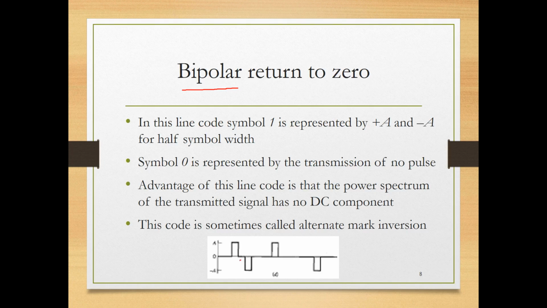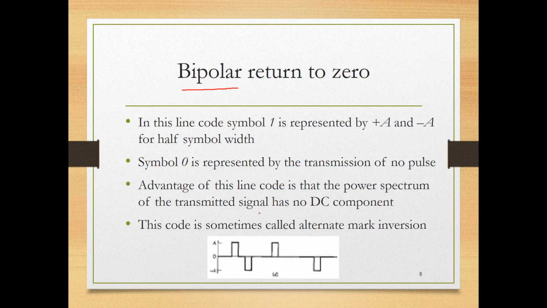The second digit 1 that comes in your sequence, you represent by a negative pulse. And you go on: positive, negative, positive, negative. That's why it's bipolar, like bi-weekly or bi-monthly, meaning each 2 weeks, each 2 months, something like this.